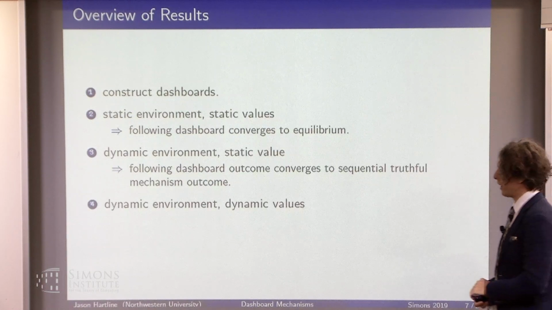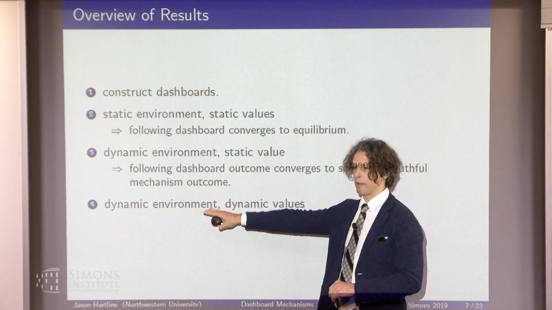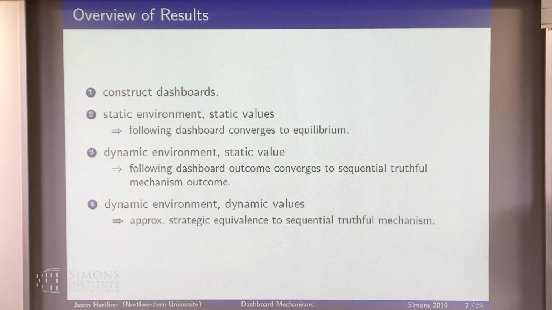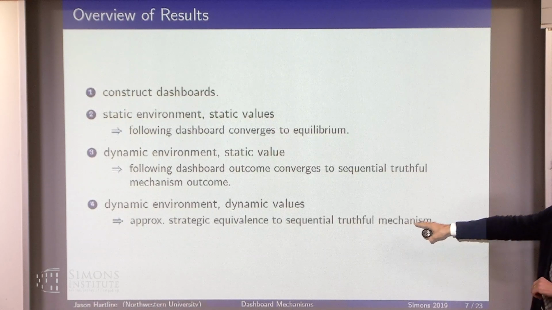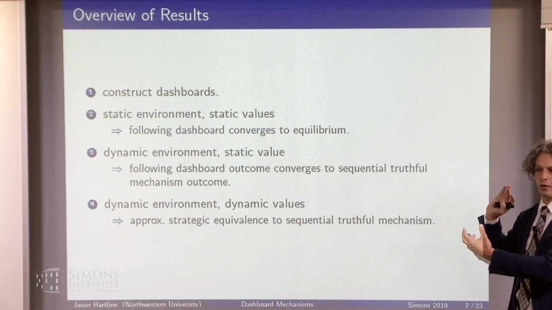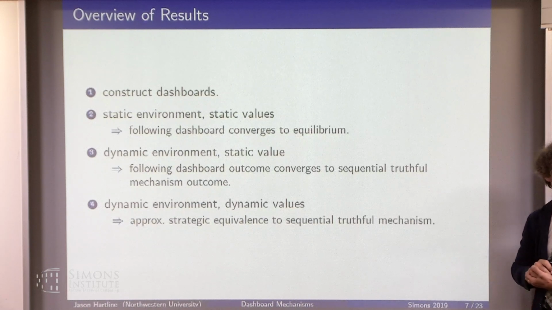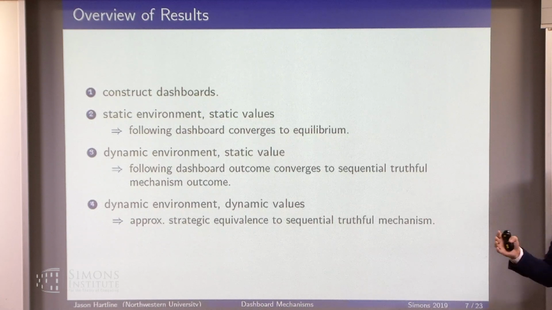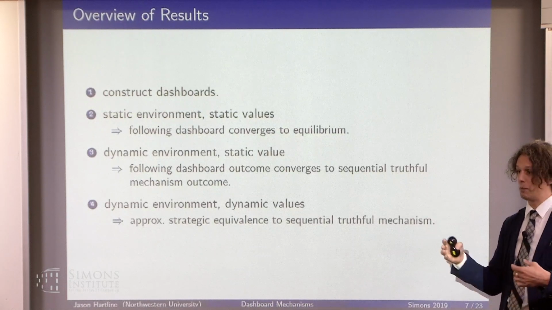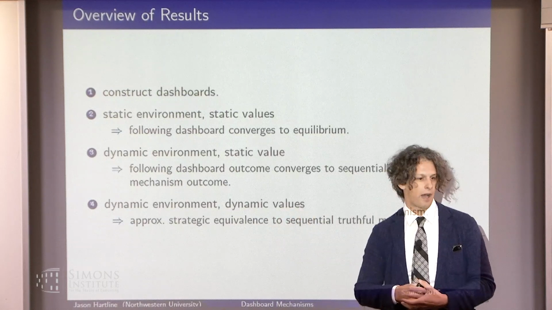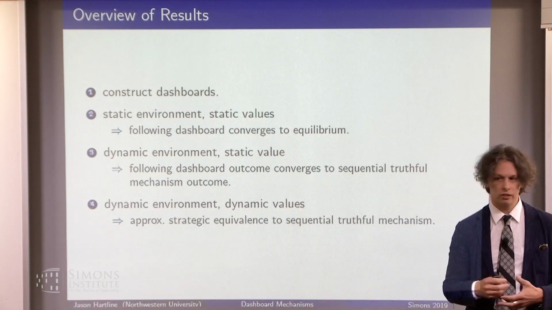Okay? And then my strongest result is in dynamic environments with dynamic values. The dashboard mechanism is going to be approximately strategically equivalent to running the sequential truthful mechanism with the same allocation algorithm that the engineers gave me. So my engineers give me an allocation algorithm. I'm going to assume it's monotone, meaning the higher value an advertiser has, the higher probability the agent will get served.